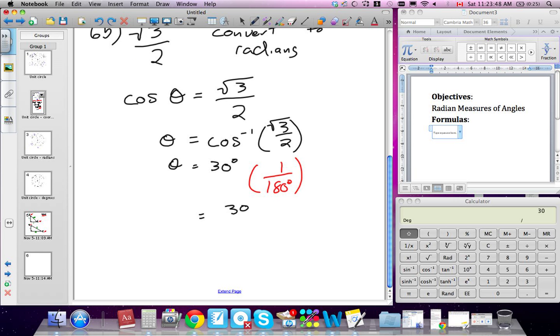And if we want to bring that down, don't forget the pi involved. So 30 pi over 180. When I bring that down, that's actually going to be 1 over 6. So it's like having 1 times pi over 6. Oh, that's the mistake we made, sorry. Which is pi over 6.